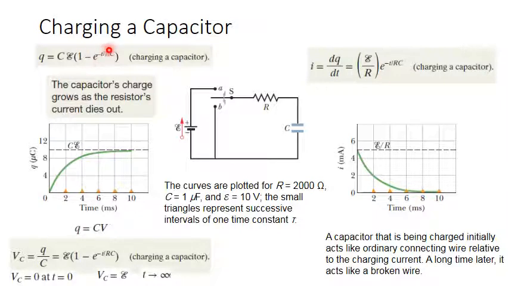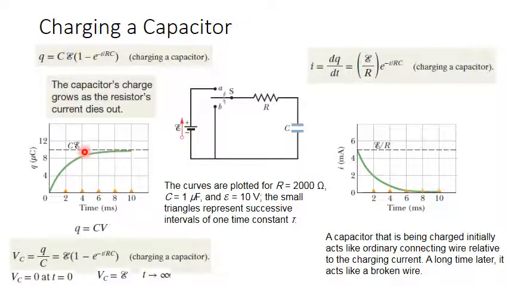When the time goes very long, this exponential term tends to 0. E to the power minus infinity is nearly 0. So the charge would be C multiplied by the EMF completely. So it will grow exponentially to reach C multiplied by E, or C multiplied by the potential.